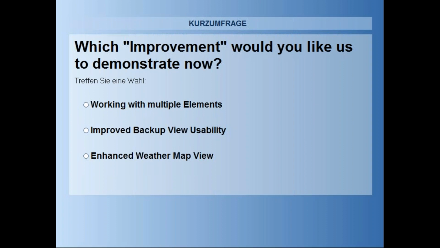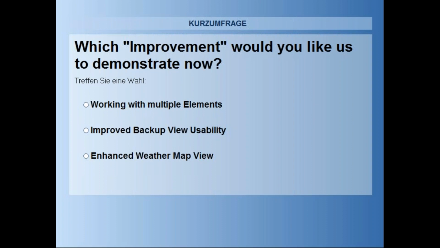Sure. So in this topic section, we were improving already available functionality in the web portal. For example, working with multiple elements is something a lot of customers requested for a long time. So for example, you can now select multiple elements in the group analyzer, or you can create configuration diffs from the backup tree, or you can edit multiple alarms at once, like you know it from the Java GUI.